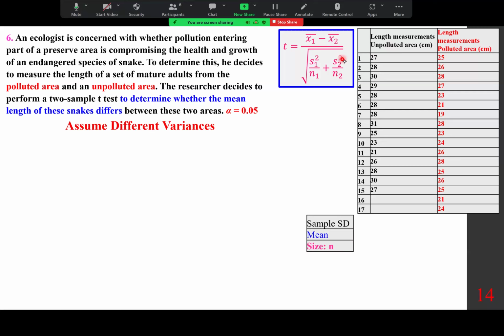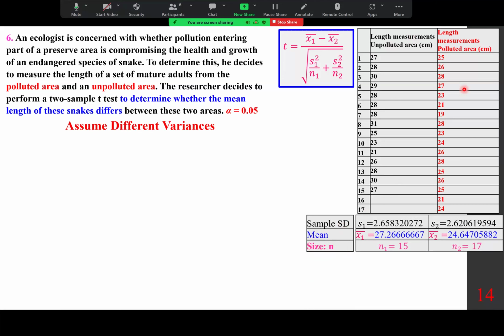And you need to calculate a few things to move on. You need sample standard deviation, mean, size. So size is very simple. n1 is 15 here, n2 is 17 here. The rest of them, you put into a calculator or Excel and you get the information, so you don't have to do this by hand.